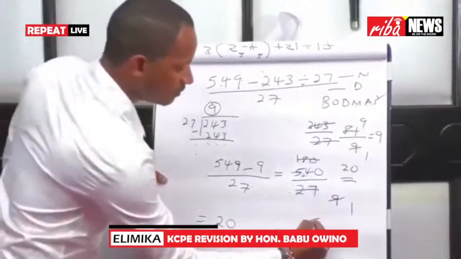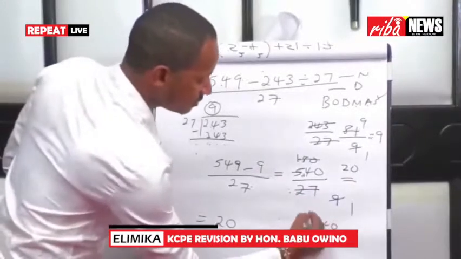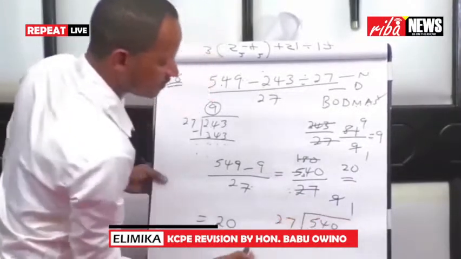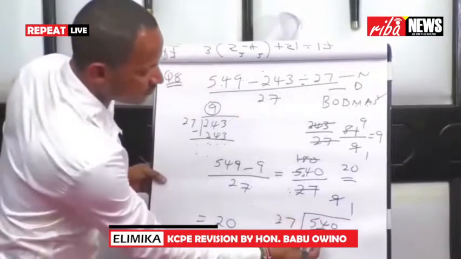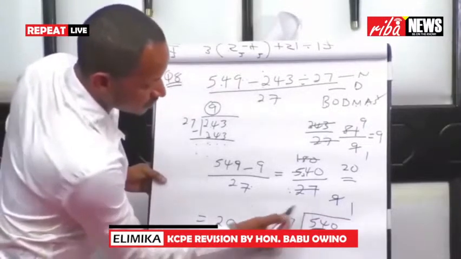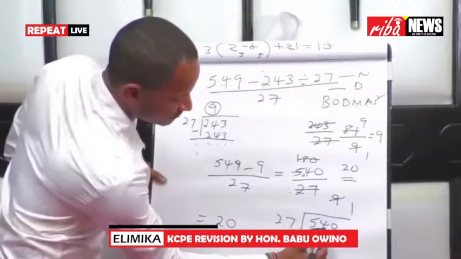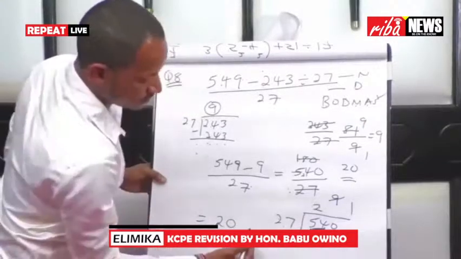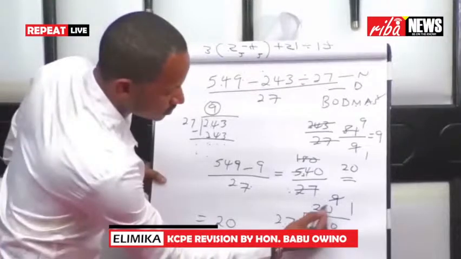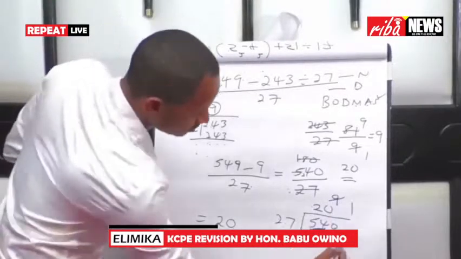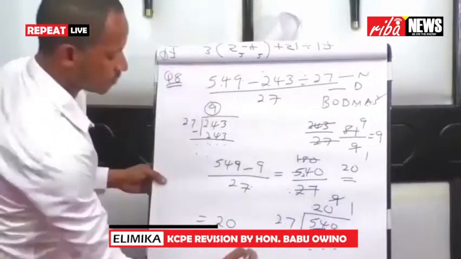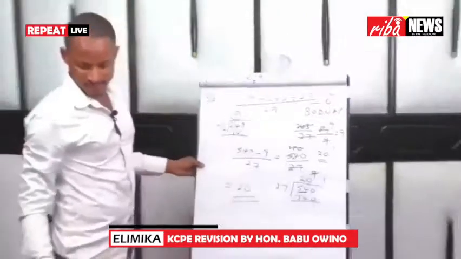Or long divide, 540 divided by 27. 27 goes into 54 twice. Then it goes into 0 0 times. So our answer is 20.